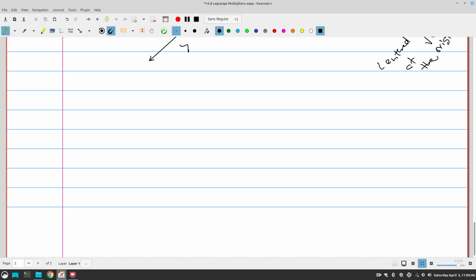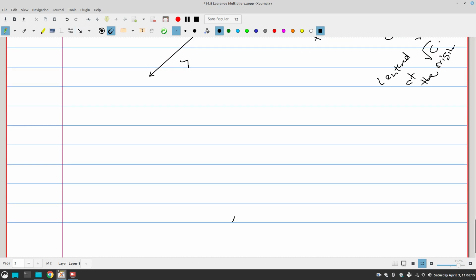Call it f of xy. For now, let's say our function has just two variables, x and y. I want to maximize it subject to some constraint. Let's call that constraint g of xy equals k.